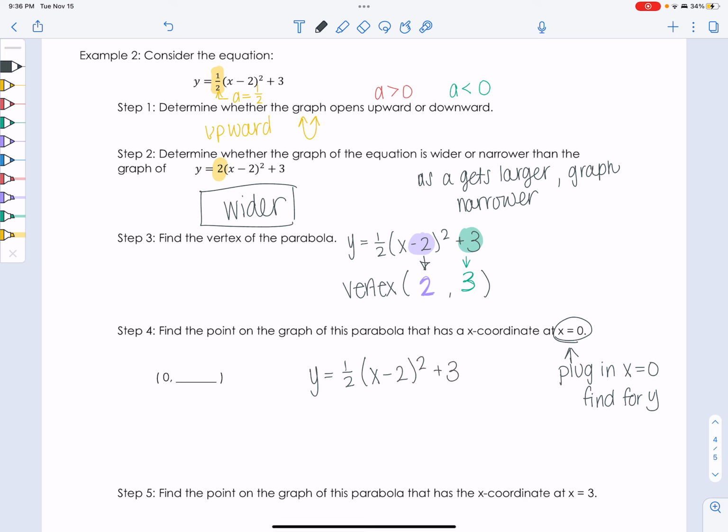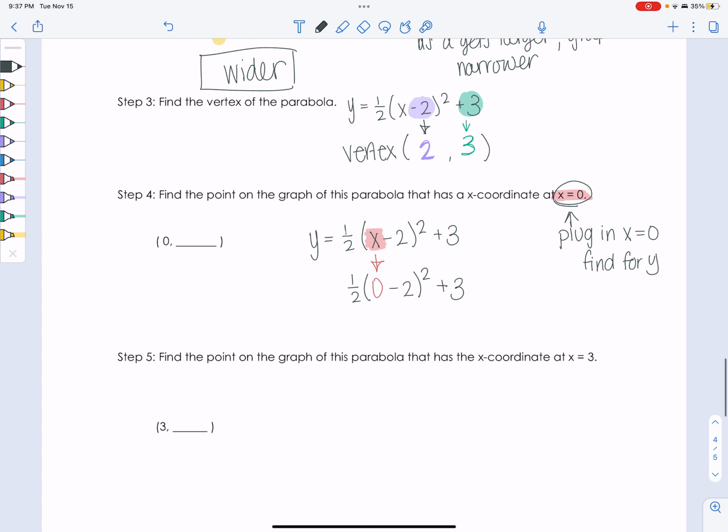And what I'm going to do, I'm going to take out x and put in a 0. And so I've got 1/2 times (0 minus 2) squared plus 3. And now I'm just going to solve this.